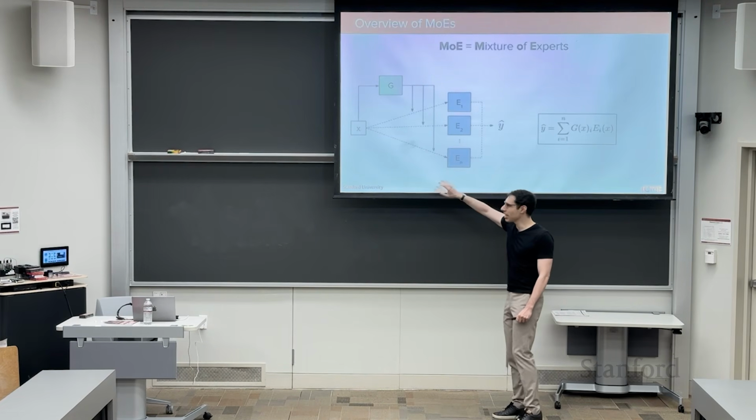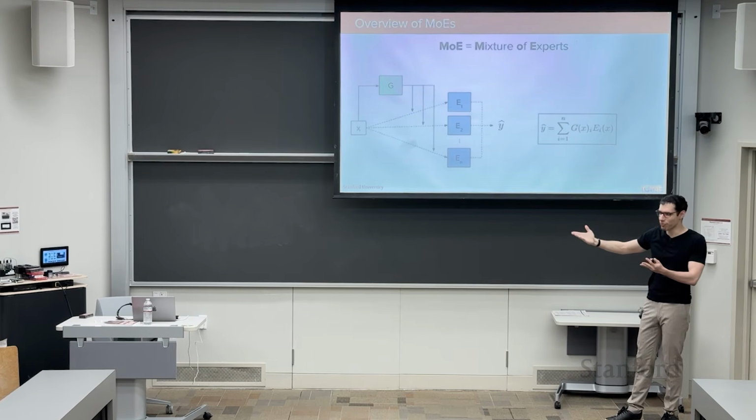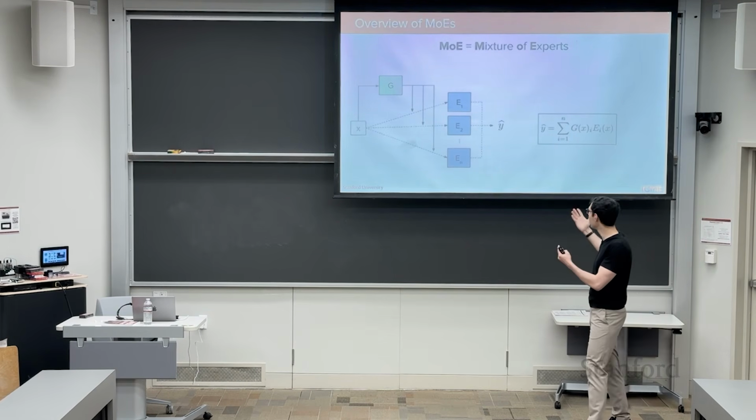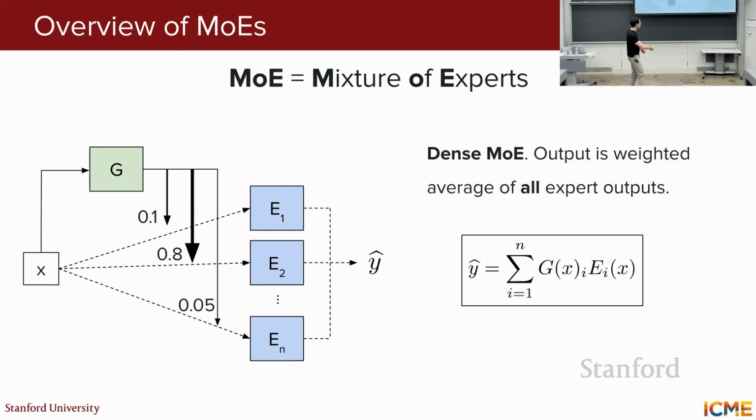What if we activate a subset? But this formula actually assumes that we're actually considering all expert outputs. So I just want to distinguish two kinds of MoEs. There's one kind that is called a dense MoE.